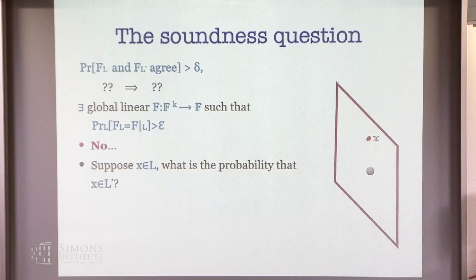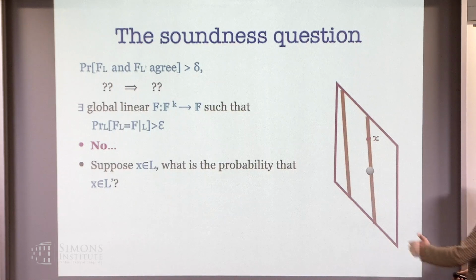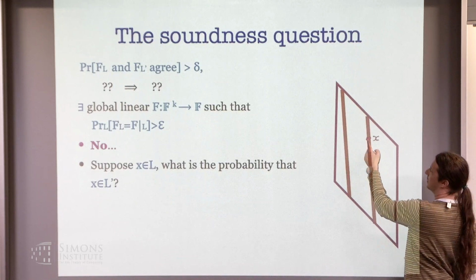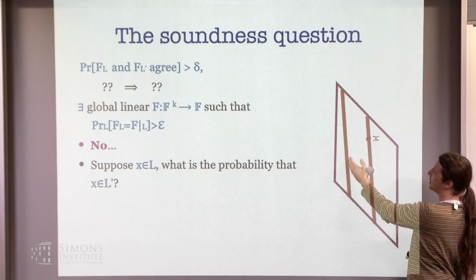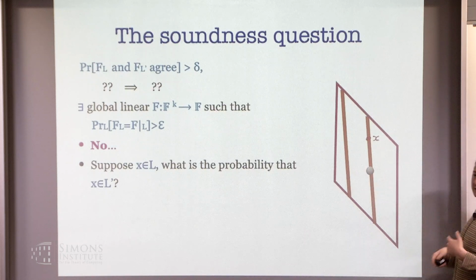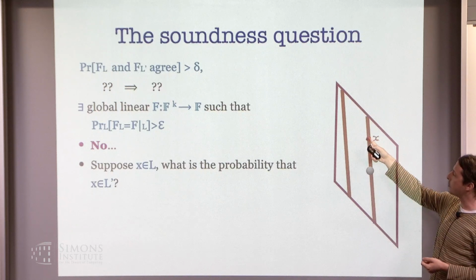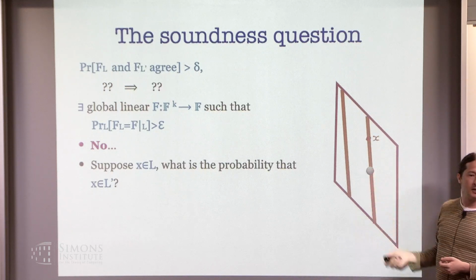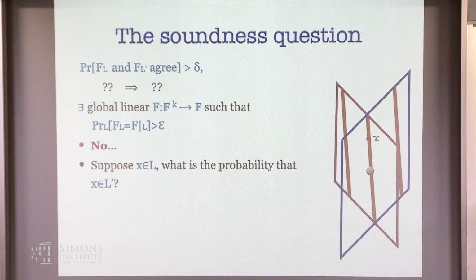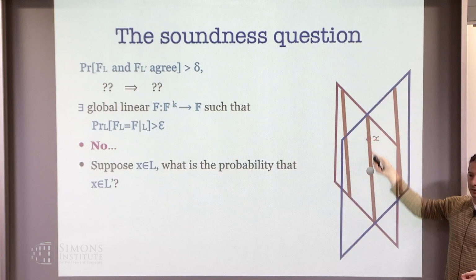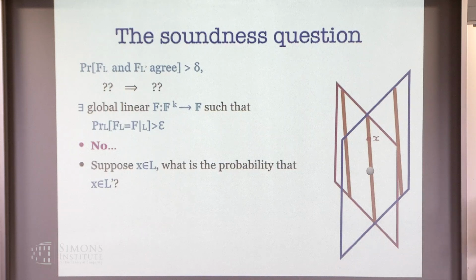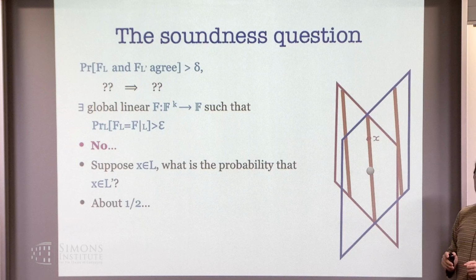Here is a partition of the space into the two cosets, and the probability that X is contained in the one that also contains 0 is 1/2. And that's the other subspace that contains this coset that contains 0. So the answer is roughly 1/2. There is a minor correction that you need because of 0, but it's about 1/2.